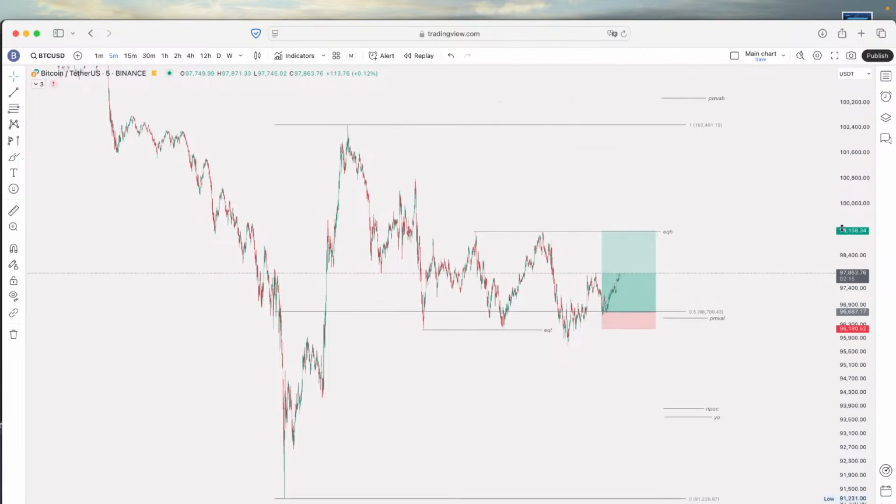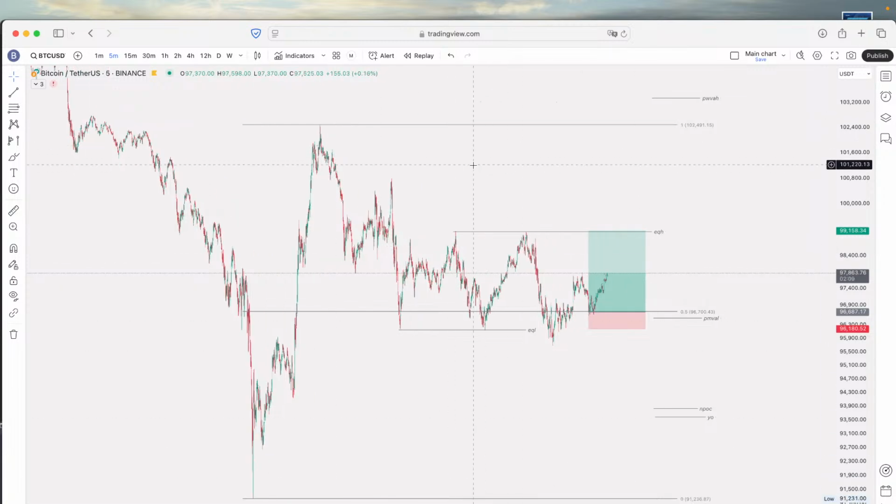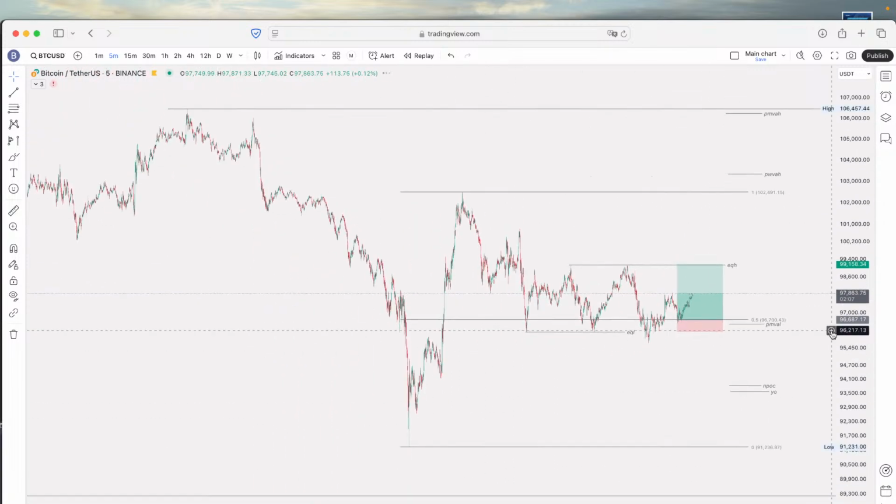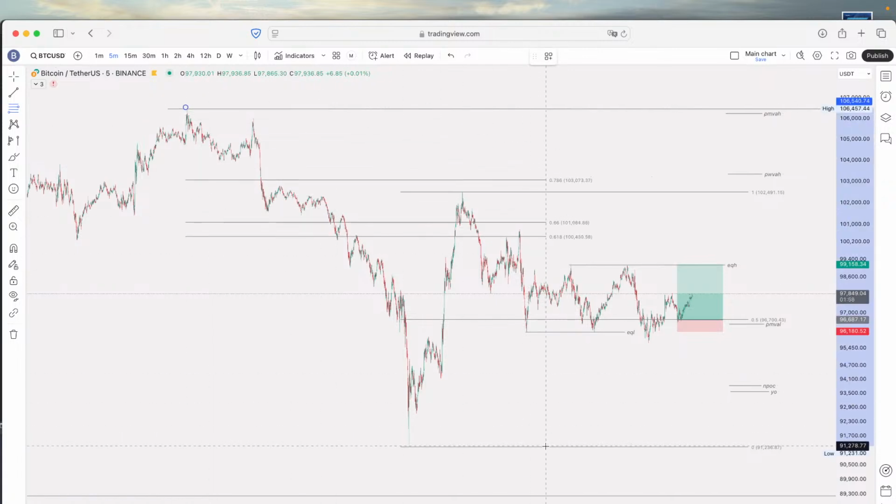After our weekly range, if we zoom out, we see that high is formed from the so-called golden pocket of the Fibonacci retracement level. This is the OTE zone.